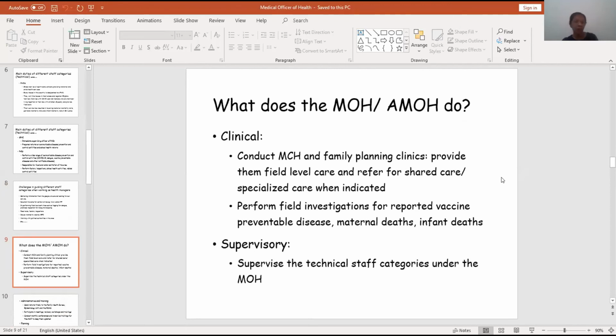What are the clinical duties of the MOH? We have to conduct MCH and family planning clinics, provide field health care, and refer for shared care. As a medical officer, my experience is that as a medical officer of health, we have to do an MCH clinic at least once a month.